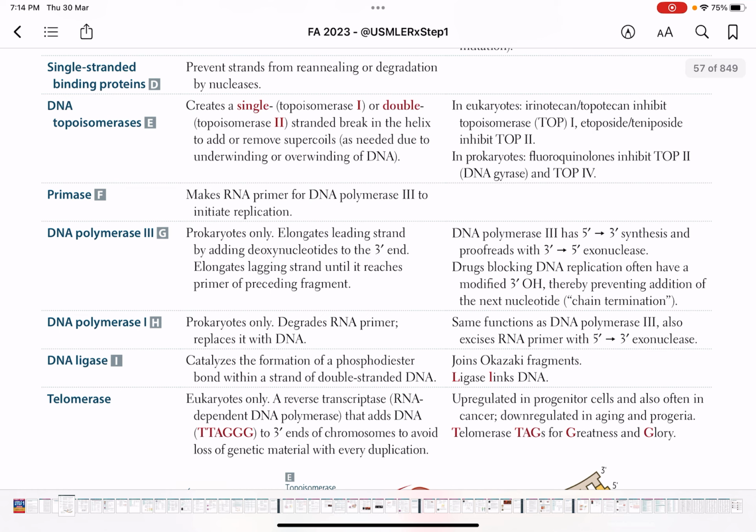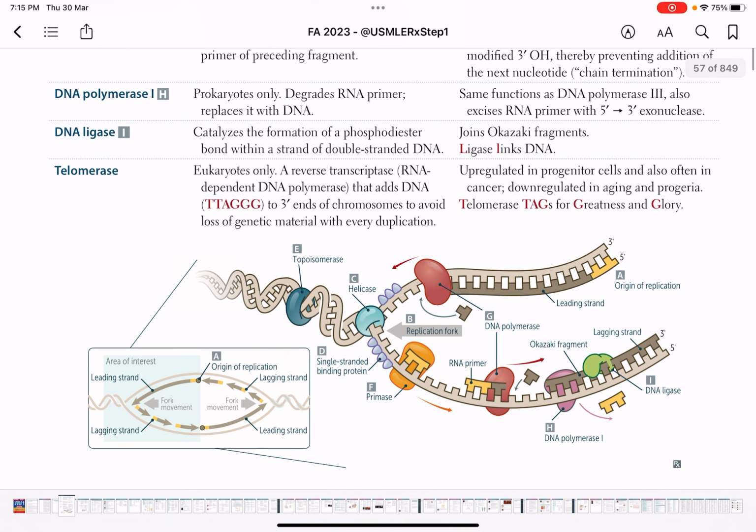It degrades the RNA primer and replaces it with DNA. Same function as DNA polymerase 3, it also excises the RNA primer with 5' to 3' exonuclease. Then we have DNA ligase, which catalyzes the formation of a phosphodiester bond within the strand of double-stranded DNA. It joins the Okazaki fragments.